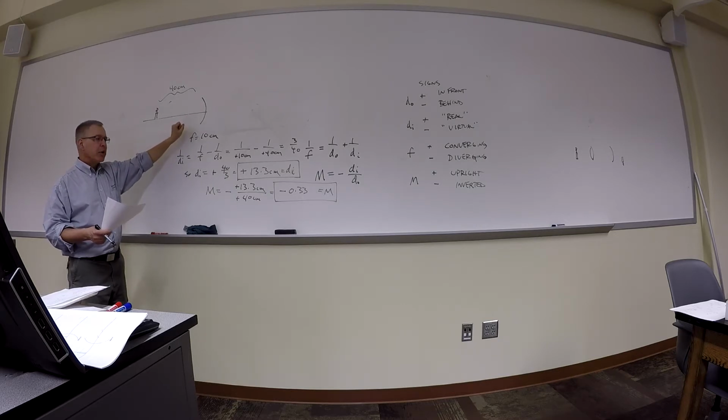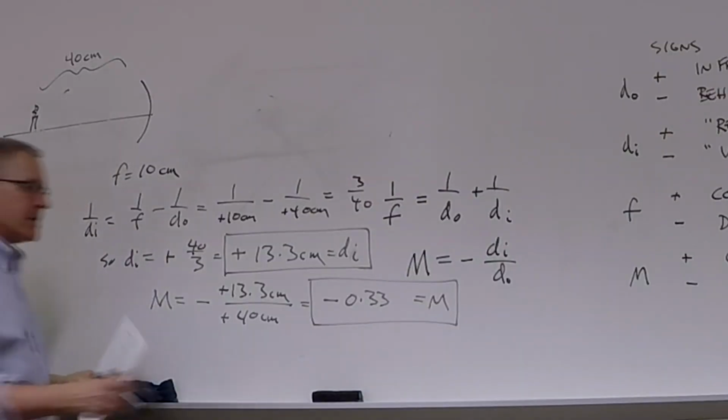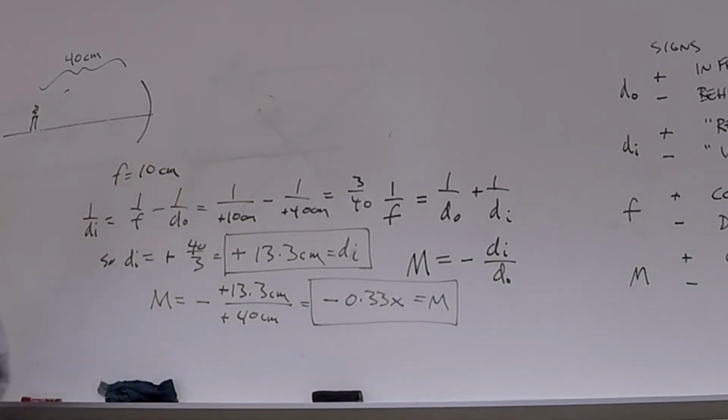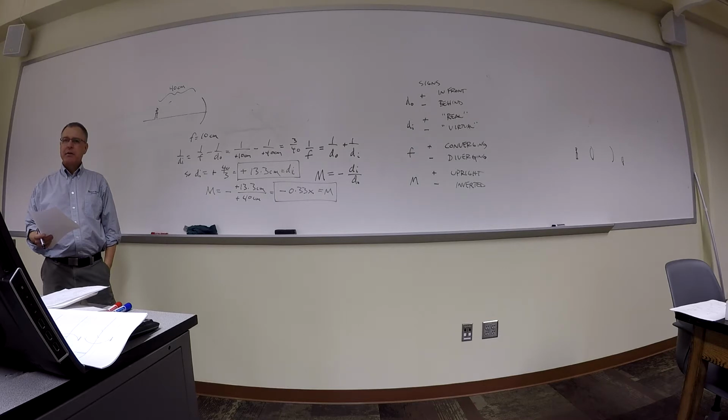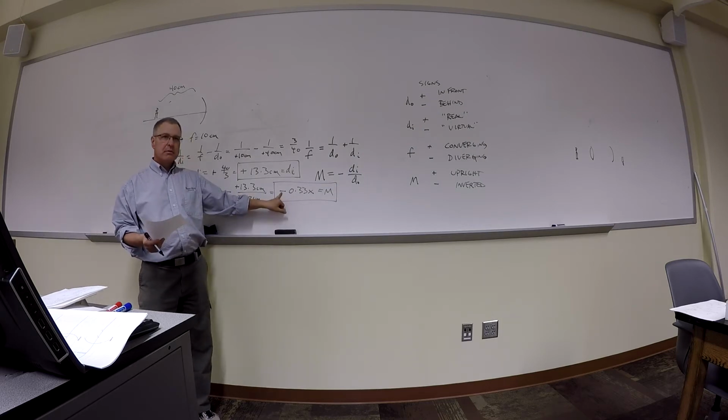Is it going to be bigger or smaller than the object? What this is, it's almost like there's little times there. It's 1/3 times the size of my object. So it's smaller. Right side up or upside down? Upside down.